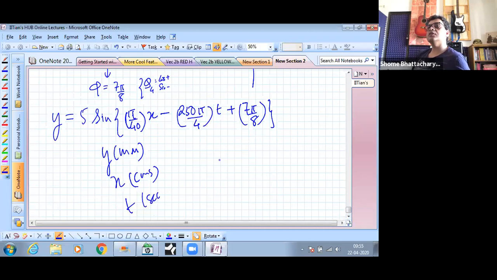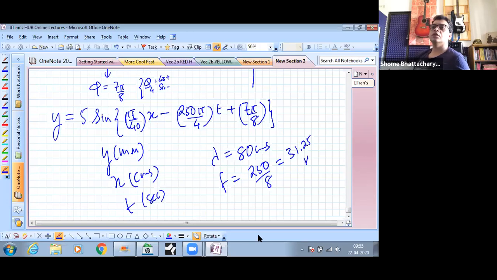And this corresponds to a wavelength of 80 centimeters, and a frequency of 250 by 8, or 31.25 hertz. Okay. So getting a decimal term in the frequency is always fine.